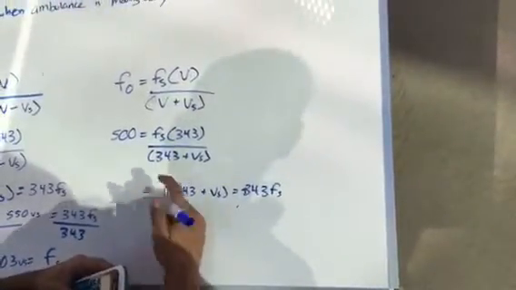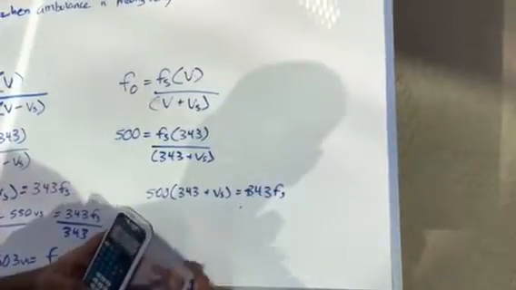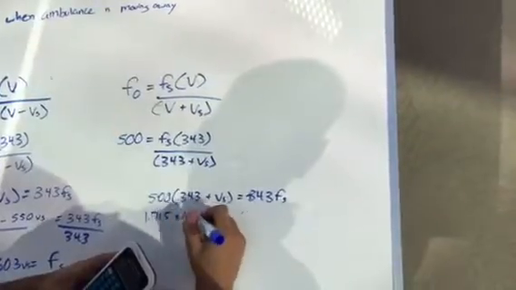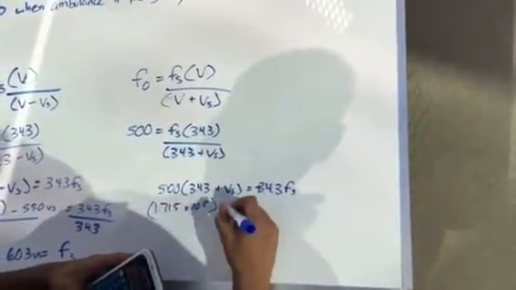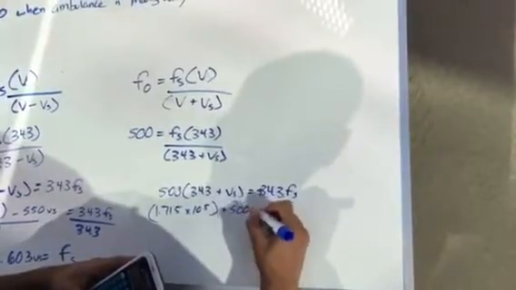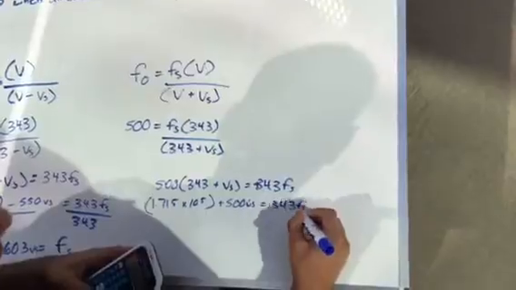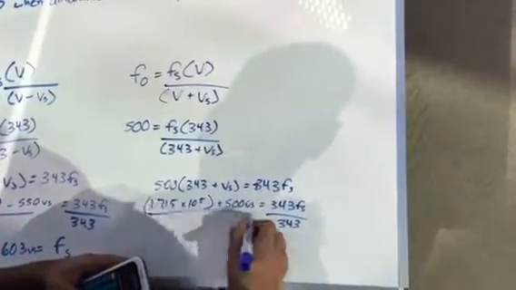Oh wait, this should be 500. So then divide by 343 on both sides.